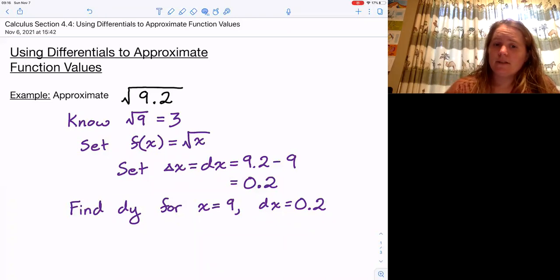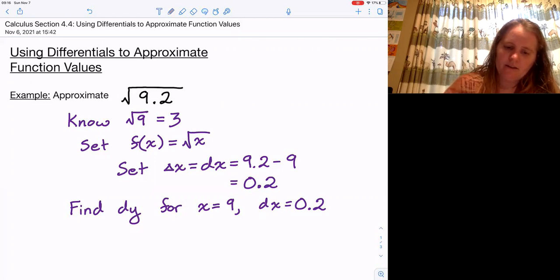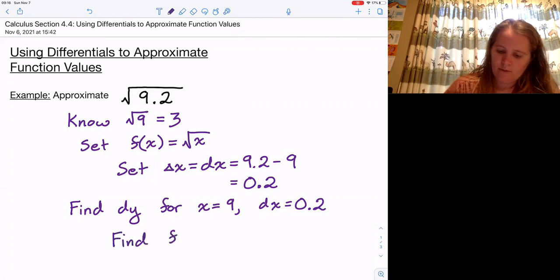So the first thing we need to do is just find the general equation for dy. So we need to find f prime of x.